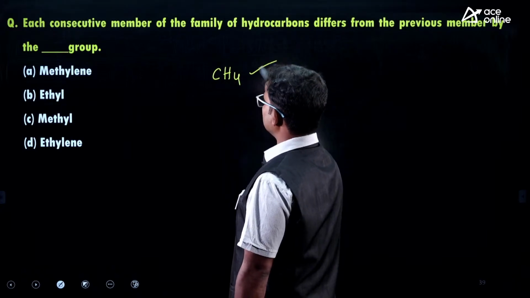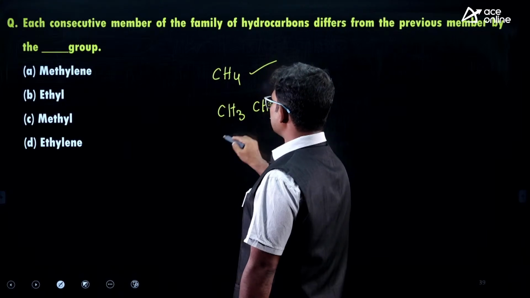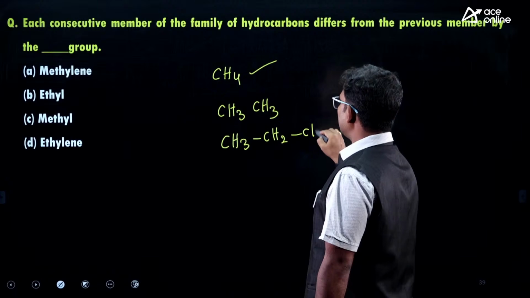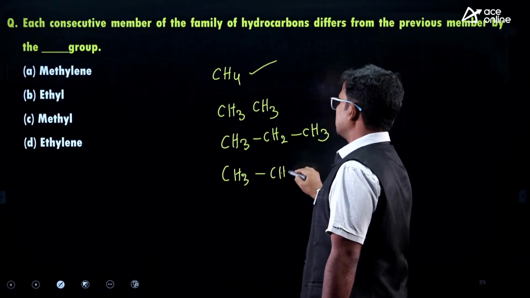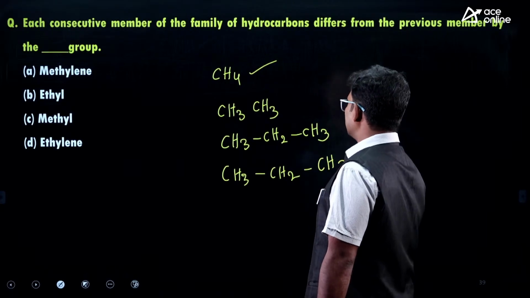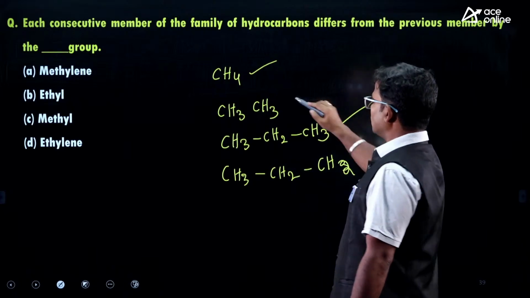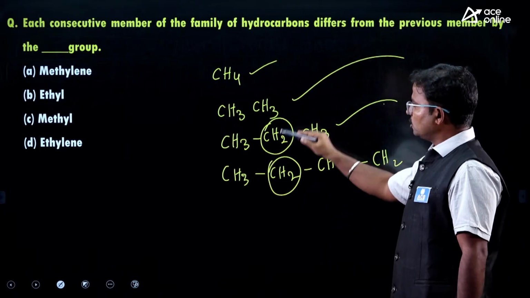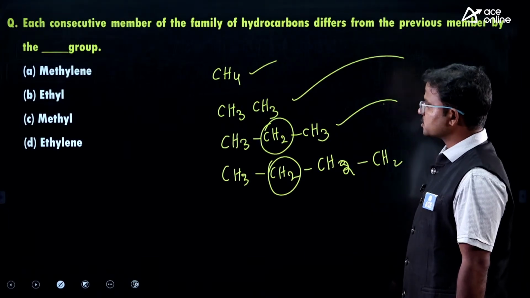So this is methane, this is ethane, this is propane, and this is butane. If you observe from propane or from ethane, what is the difference? Only one CH2 is different from the previous molecule, right?